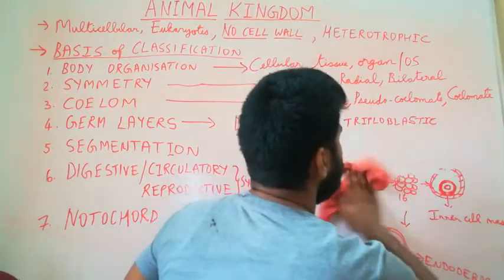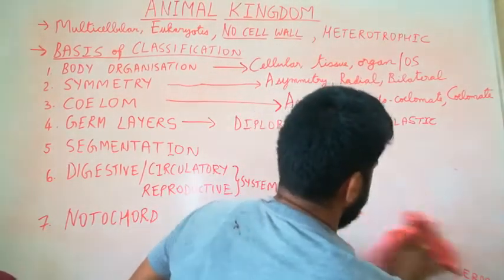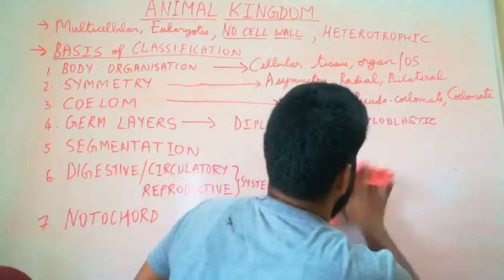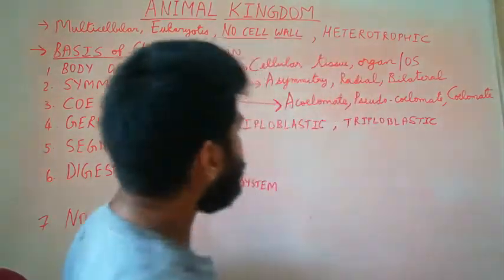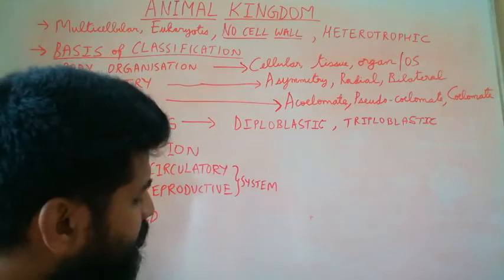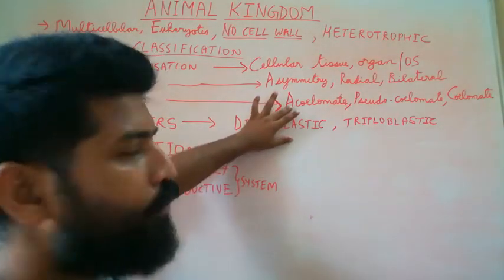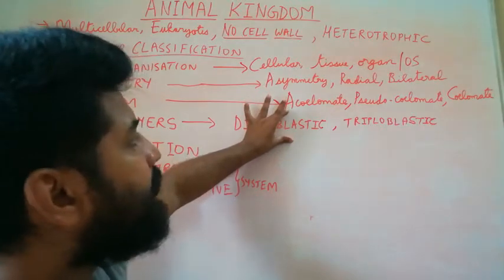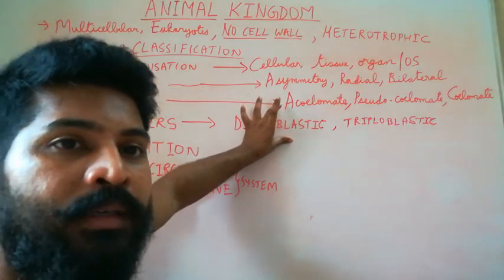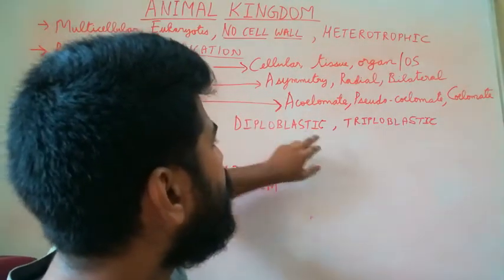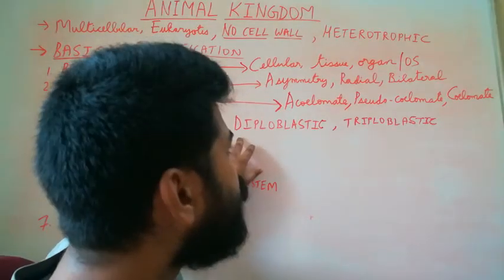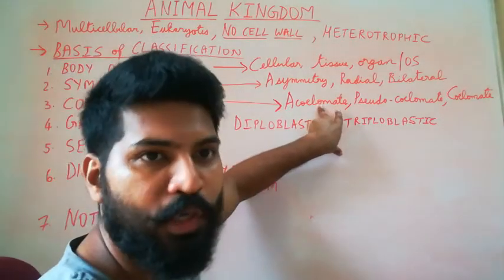As you can see, if you look at the number of germ layers and the formation of coelom, Porifera, Coelenterata and Ctenophora have only two layers. Of course, they are Acoelomates.